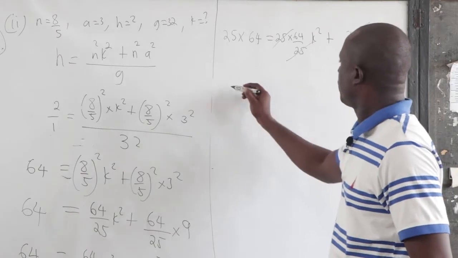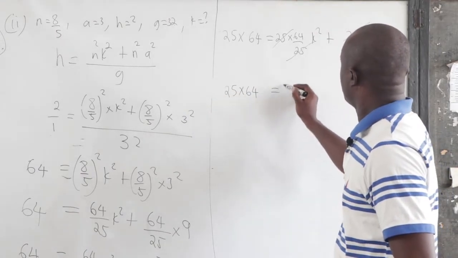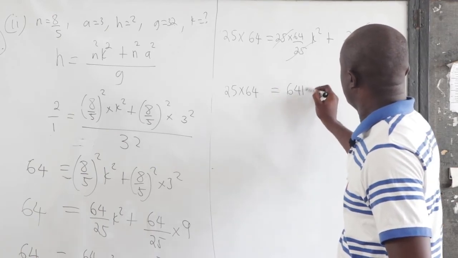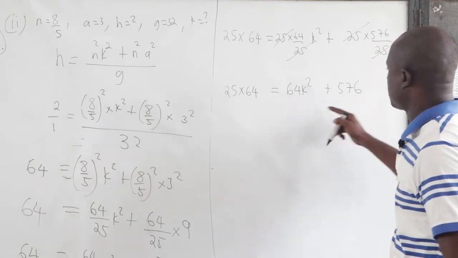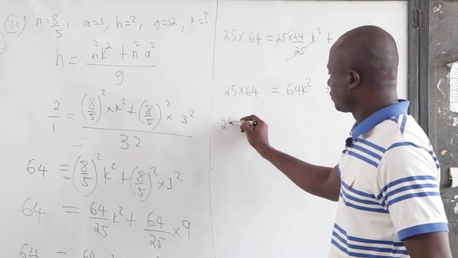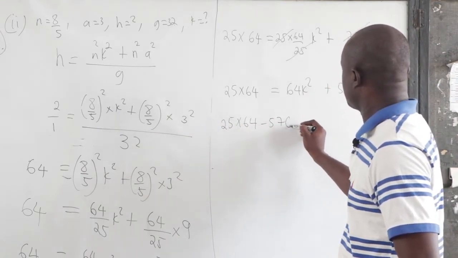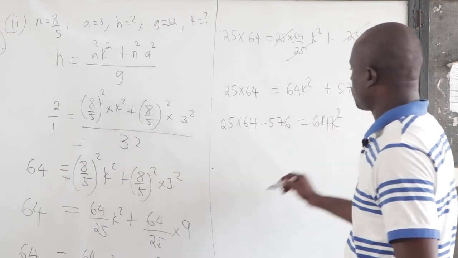So from here we have 25 times 64 equal to 64 k squared plus 576. We want to find k, so this has to move to this side. So we have 25 times 64 minus 576 equals 64 k squared.